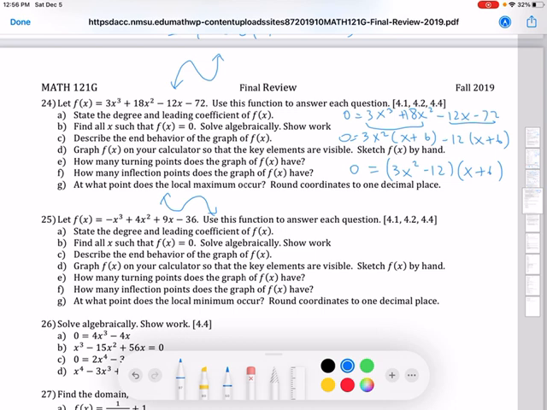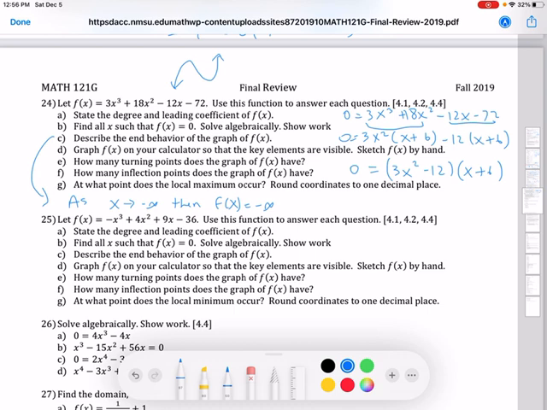C, describe the end behavior. On the left side, the graph is going down. So we're doing 24C. As x goes to negative infinity to the left, then f of x, the y's, go to negative infinity.